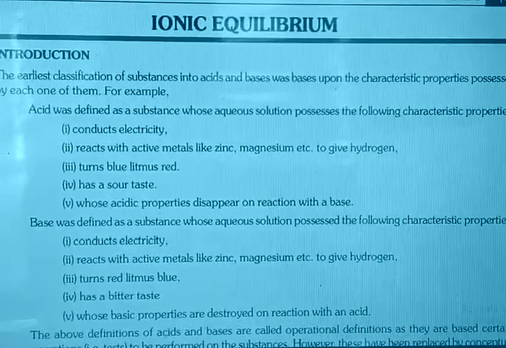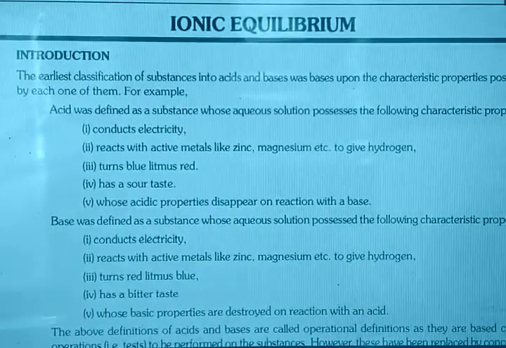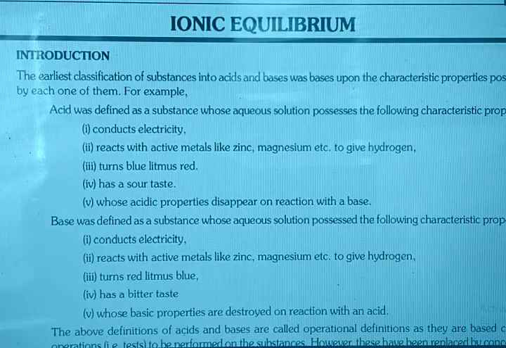Acid was defined as a substance whose aqueous solution possesses the following characteristic properties: it can conduct electricity, it reacts with active metals like zinc and magnesium to liberate hydrogen gas, it turns blue litmus to red, it has a sour taste, and its acidic properties disappear on reaction with a base.